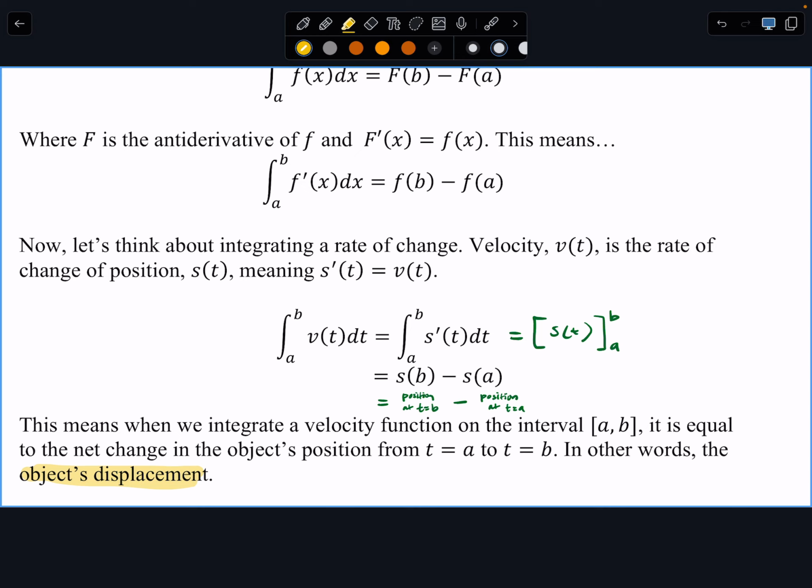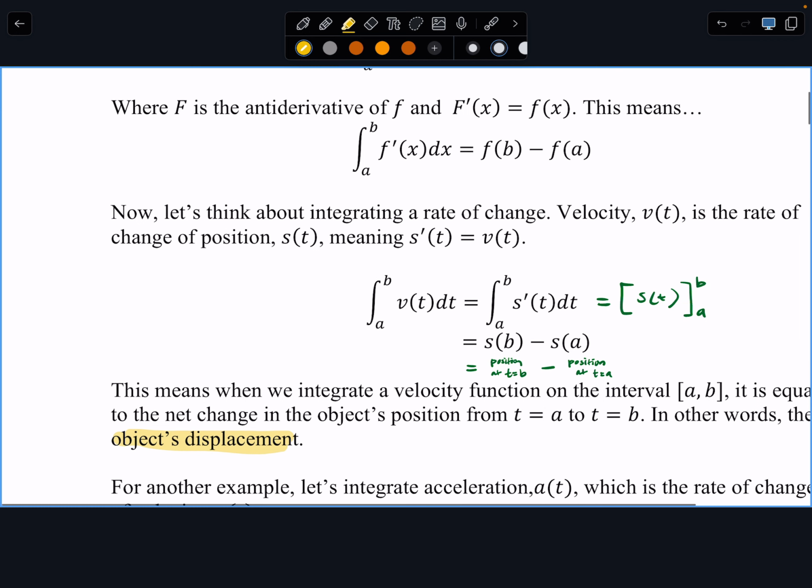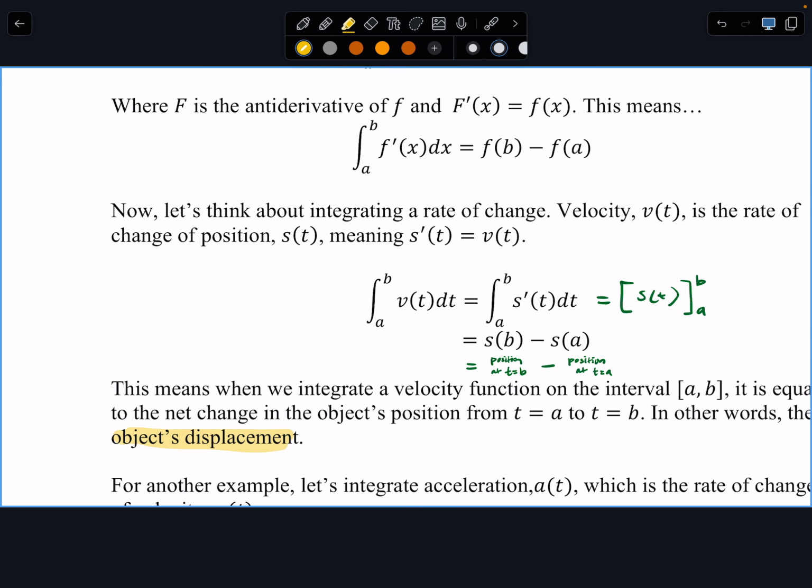And if displacement is negative, it indicates that the ending position would be in the negative direction, like to the left, backwards, or down. But when we integrate a velocity function, that number represents displacement. So the net change in the object's position is the same thing as calculating the object's displacement.